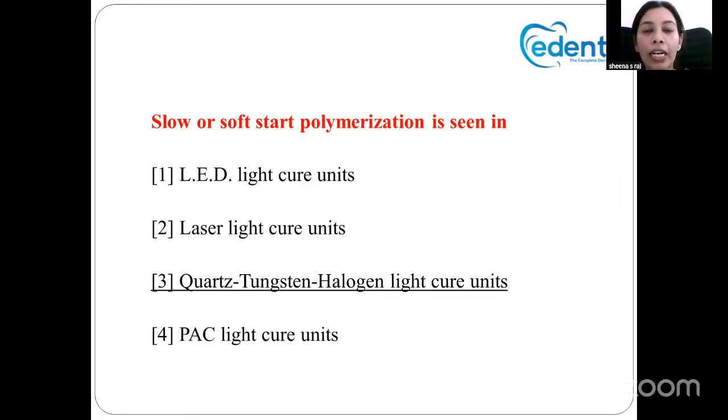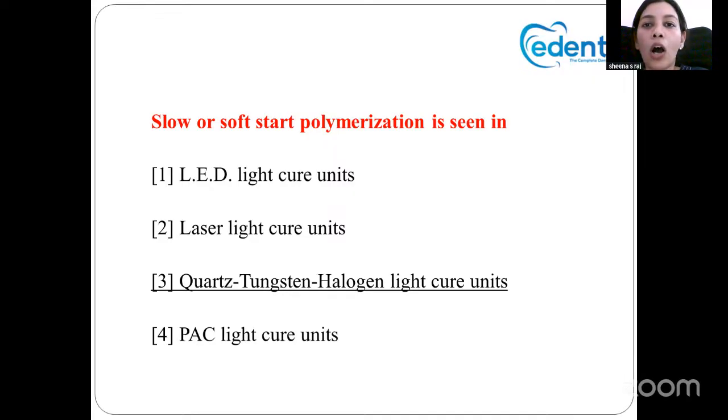In order to reduce the polymerization shrinkage, we have brought up a large number of methods. First, there is modification in the resin. Second, there is modification in the curing techniques too. Third, there are newer techniques of curing, where the commonly seen problem of polymerization shrinkage can be reduced. One such mechanism is slow or soft start polymerization.